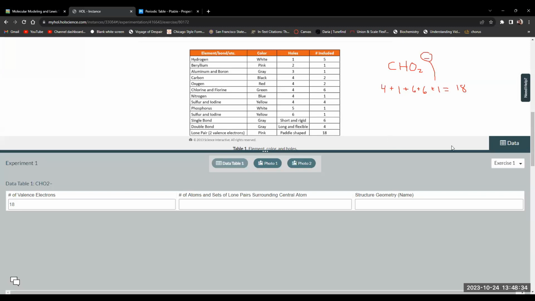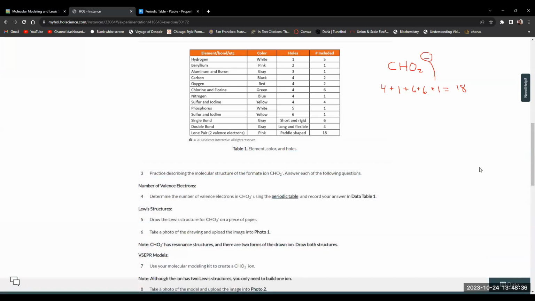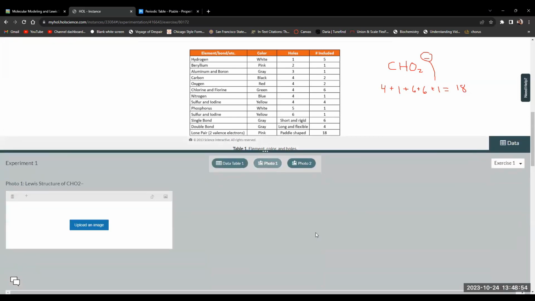All right. So now we want to draw the Lewis structure on a piece of paper, and then you guys are going to take a photo of it and submit it as photo 1.